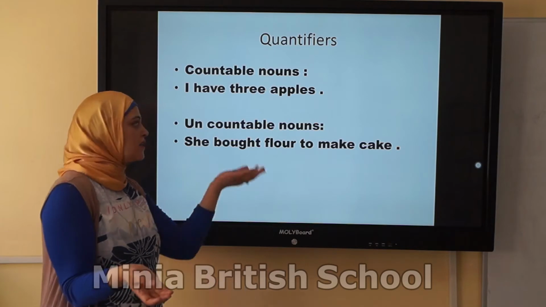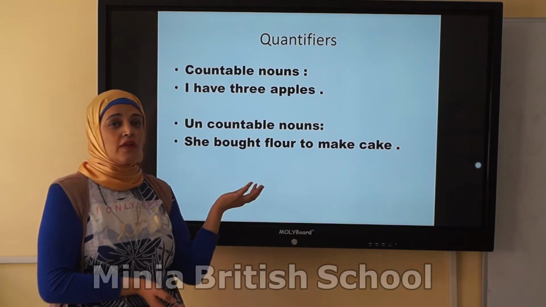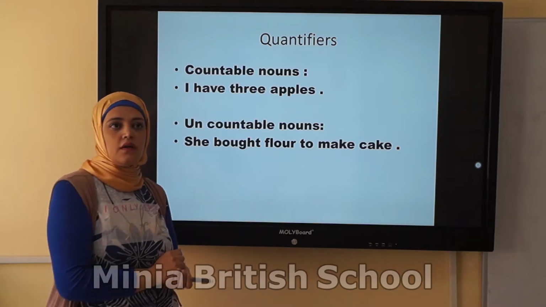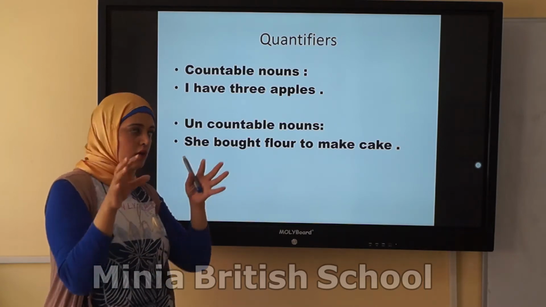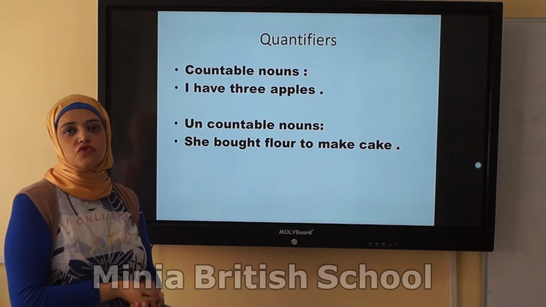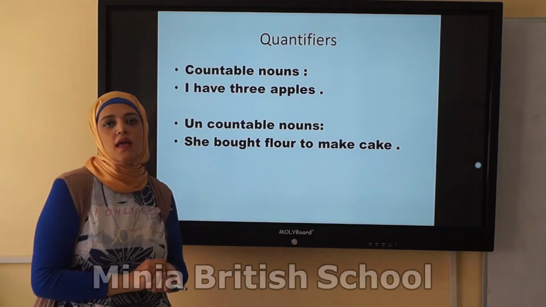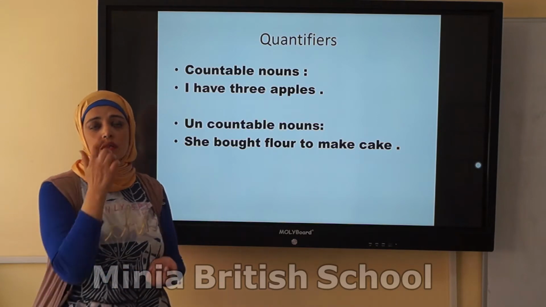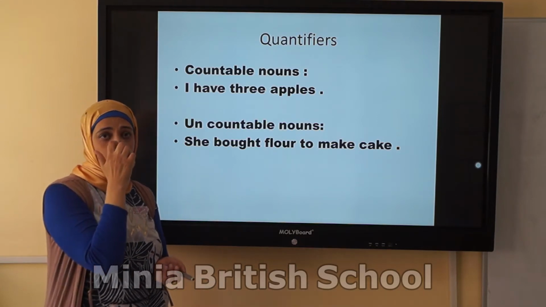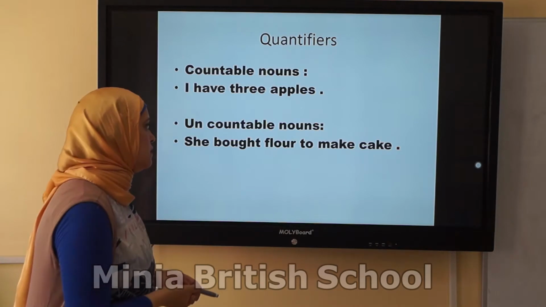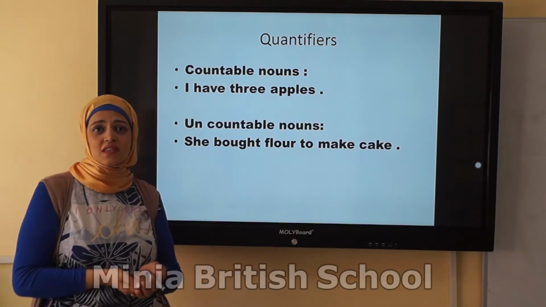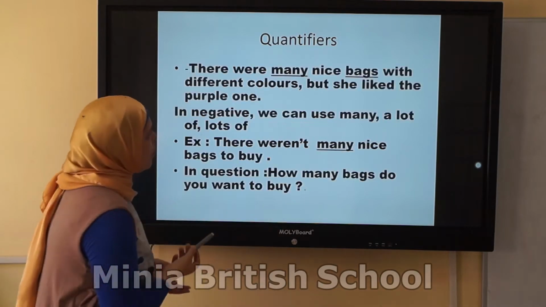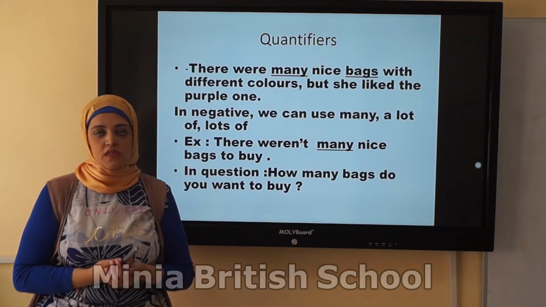So I cannot count flour, but I can say some flour. That is how we talk about uncountable nouns like flour, salt, sugar, pepper, oil, these kinds of quantities, the nouns that I cannot count.